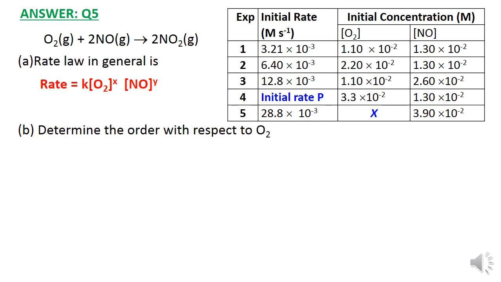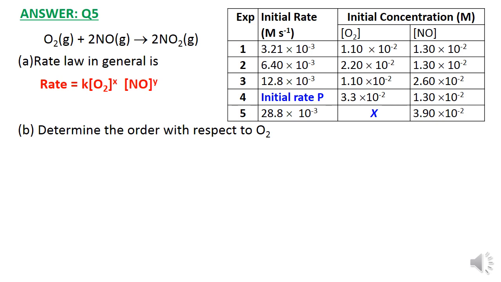Next, to determine the order with respect to oxygen, first we find the experiments where oxygen is not cancelled but nitrogen monoxide is cancelled. When you look at these two experiments, nitrogen monoxide is similar in concentration, so it can be cancelled. So we divide the initial rate, taking the higher value divided by the smaller initial rate.